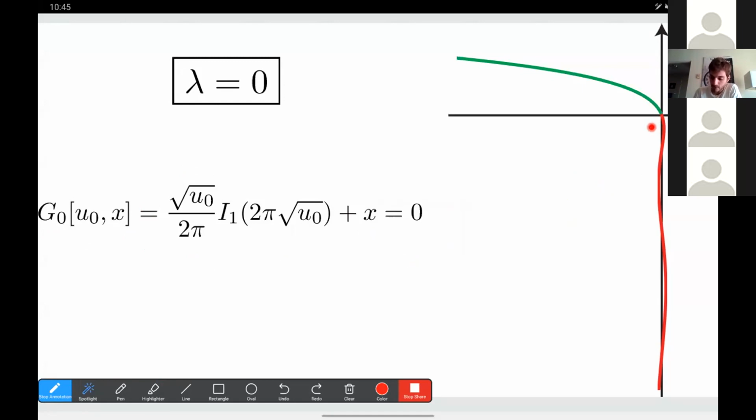And we have all these oscillations coming from the Bessel function, okay? And in all this region, the function u0 of x is multivalued, okay? But there is a single branch of the solution that we can consider that is single valued and well-defined for all x negative.